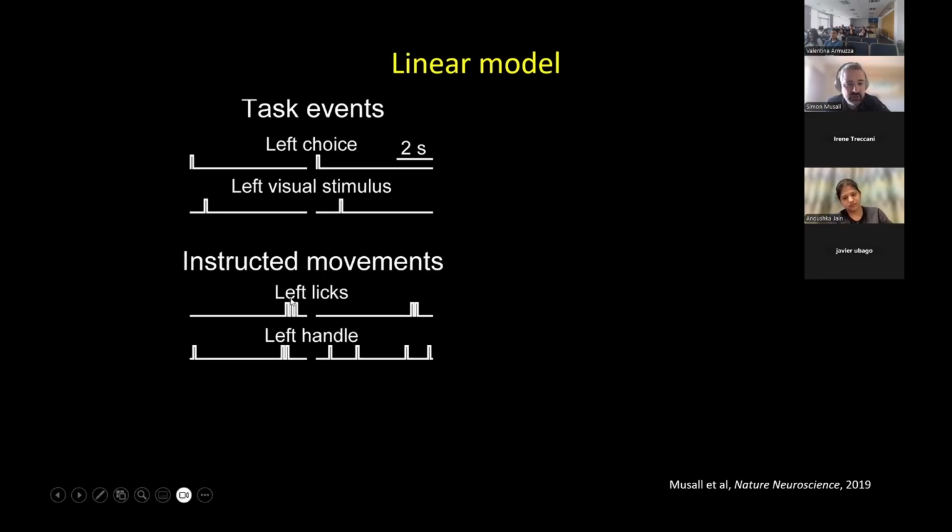And then we also can look at the movements that the animal was doing. So, for example, we can look at these licking events. You can see it was licking on the left more so than on the right. And then also here we can see if it touched these handles at different moments during the trial. So these we call instructed movements because they're directly linked to the task, right? So the kind of movements that you would expect if you want the animal to do the task at all.